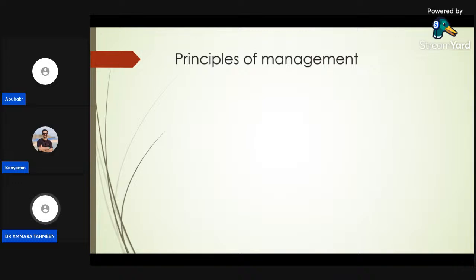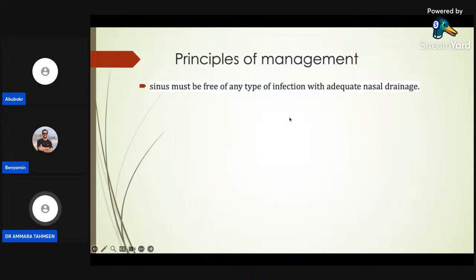There are two principles of management of oroantral communication. Coming to the first principle, when you encounter an oroantral communication, especially with maxillary sinus pathology, such as when the patient, during your medical history recording before extraction of the maxillary teeth, complained about a history of maxillary sinusitis, then before proceeding with closure of the oroantral communication by any surgical technique, you should ensure that your sinus is free from any type of infection with adequate nasal drainage.